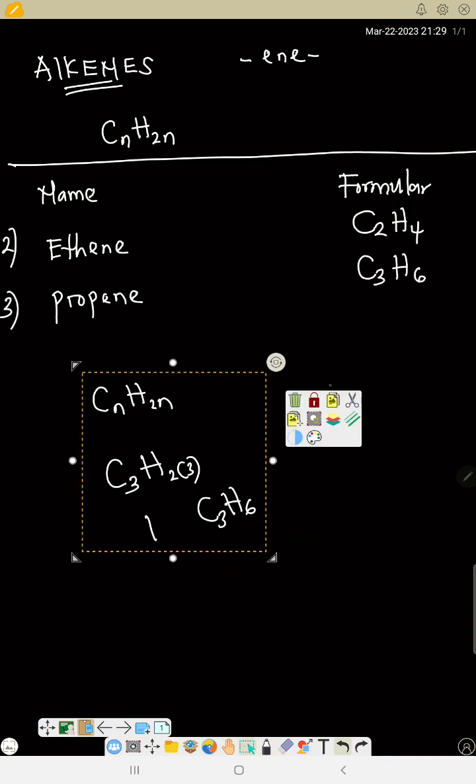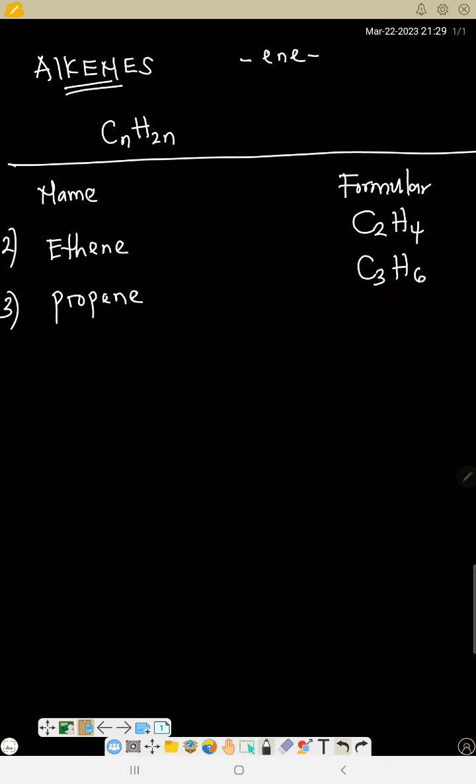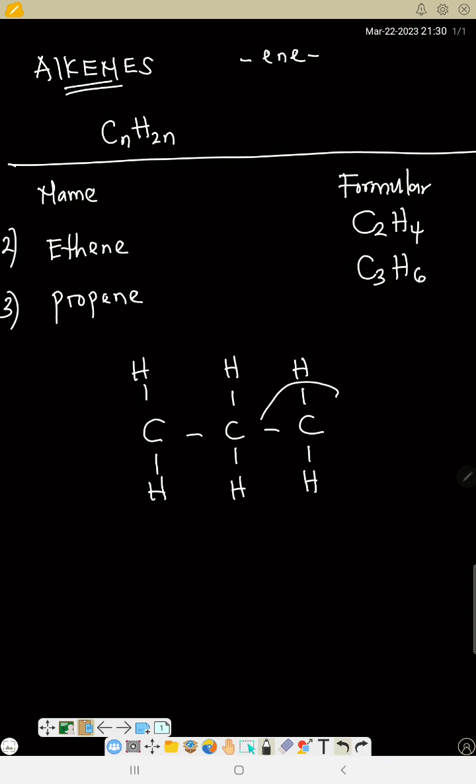So let's try to write it. To write the propene, I have 3 carbons and I have 6 hydrogen. So 1, 2, 3, 4, 5, 6. So I have 6 hydrogen. But how many bonds do you have for this carbon now? The carbon here has 3 bonds, which is wrong.